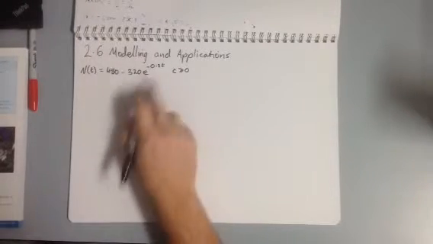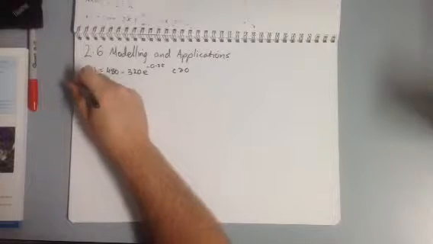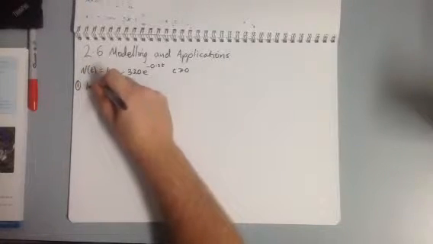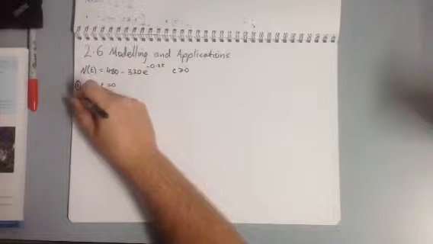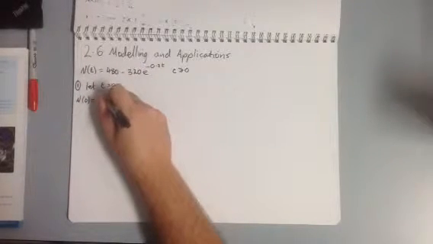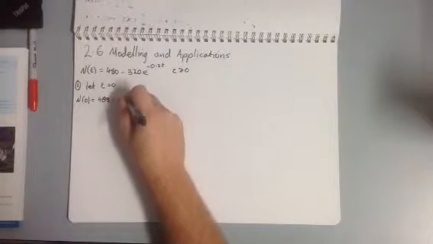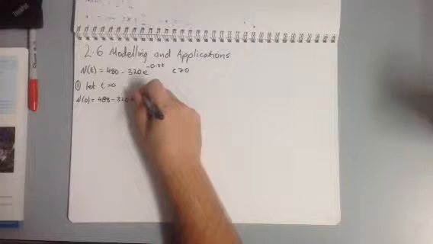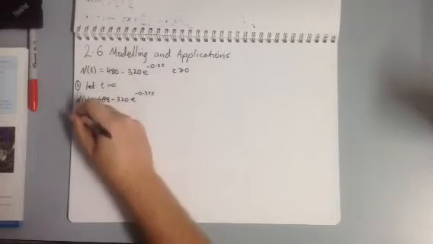Really difficult question. We'd like to know an initial condition, so that's when we let t equal 0. We get n of 0 equals 480 minus 320 e to the negative 0.3 times 0.